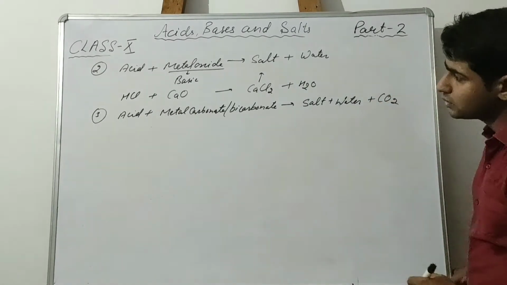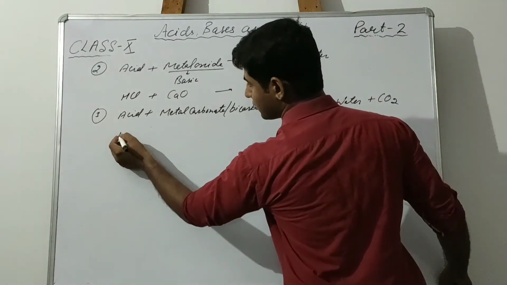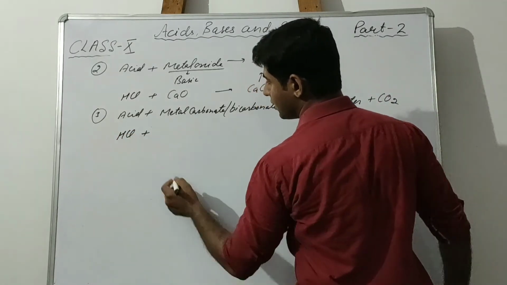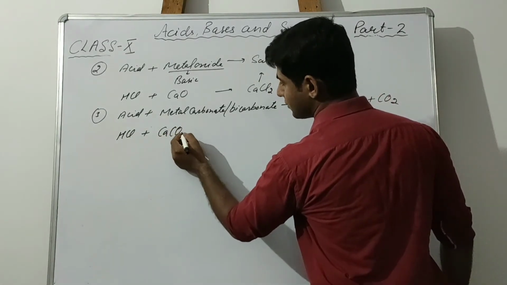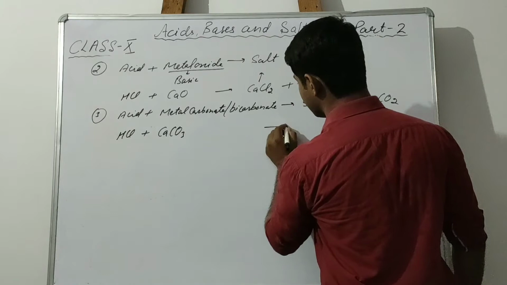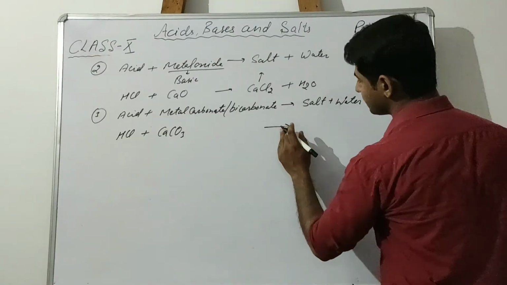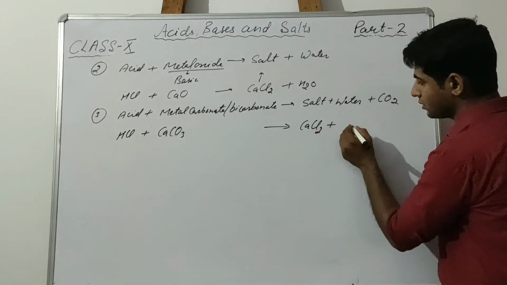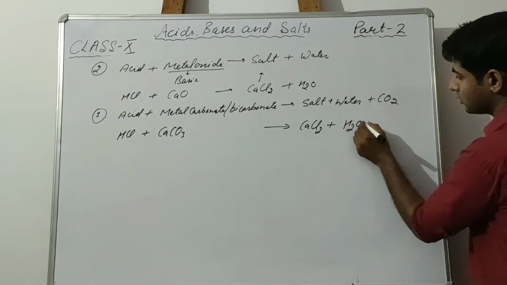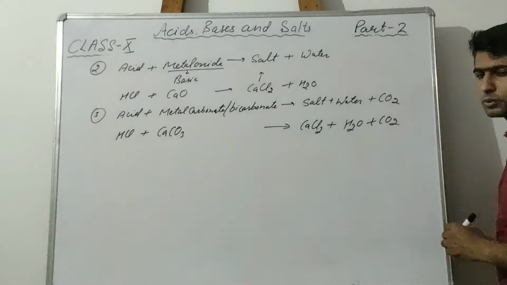Take an example. Suppose we have taken HCl and metal carbonate, we can take calcium carbonate, and it will give calcium chloride plus water plus carbon dioxide.